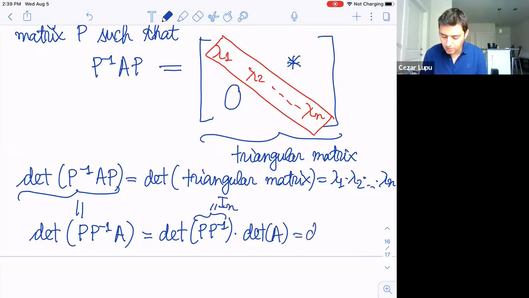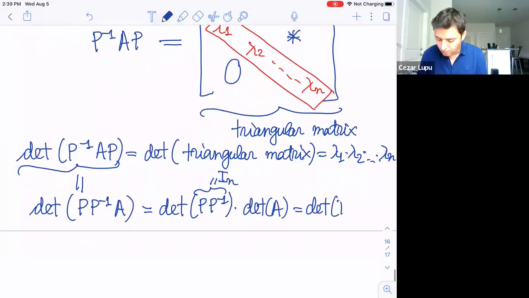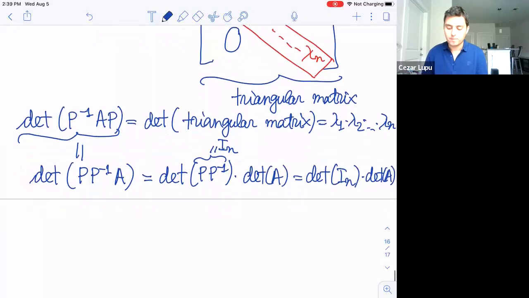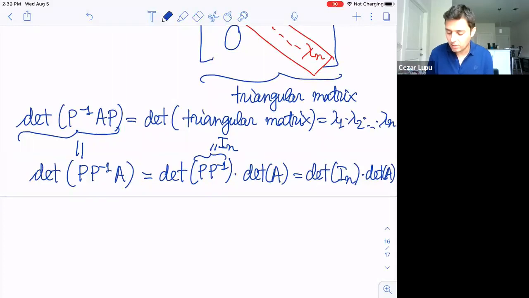So this will be the determinant of the identity times the determinant of A. Well, the determinant of the identity is 1. So this is nothing else than just the determinant of A.